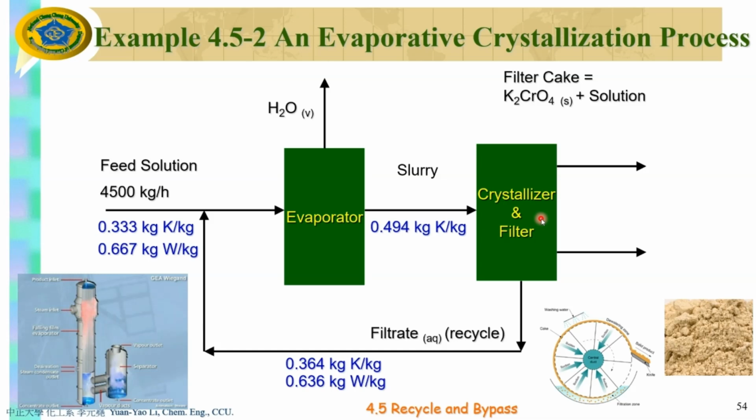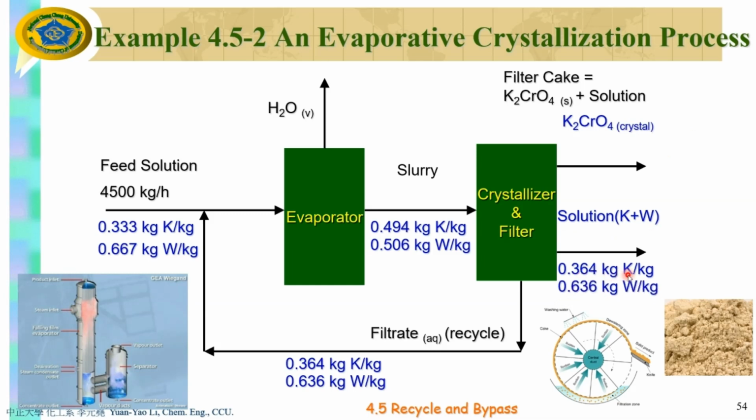Right. At the end of line 4, the wet filter cake consists of potassium chromate crystals, and the solution contains 36.4% potassium chromate by mass. So the information tells us, here in the slide, the concentration of the solution is about 36.4% potassium chromate.